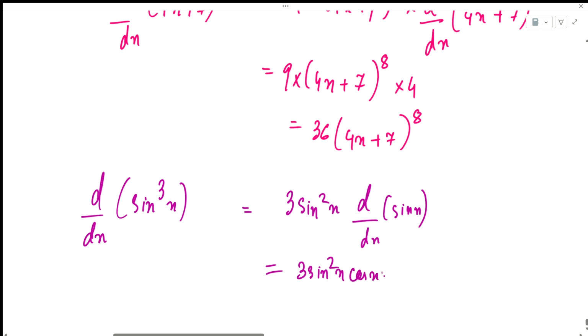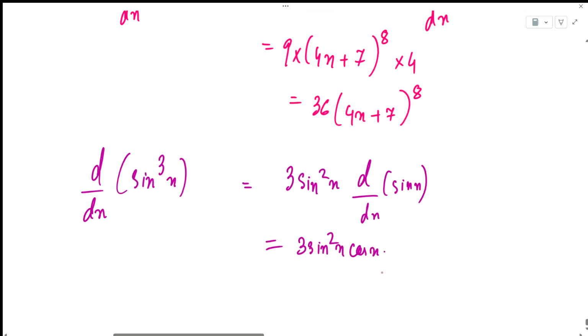There is another very important question on first principle that I missed out, which is there in the miscellaneous exercise of NCERT. We have f of x equal to cos of (x minus pi by 8).